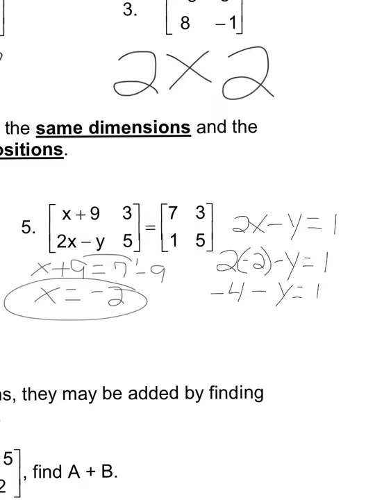Now we have to get y by itself, so I move the -4 across or just add 4 to each side. Moving the -4 across, it becomes a +4. So -y equals 5. A -y is a -1y, so I divide by -1 on each side, which means y equals -5.